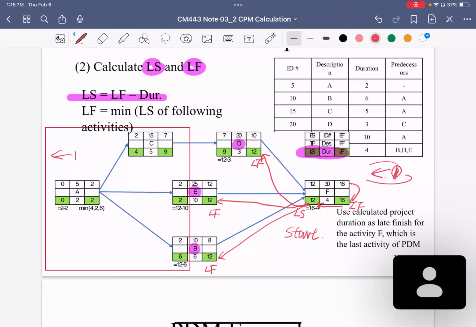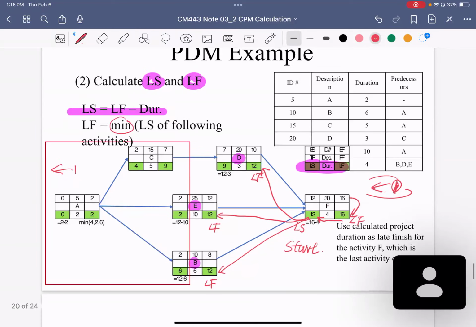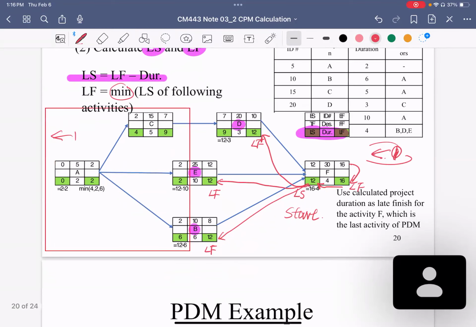Because D, E, and B each have only one following activity, F, there's no need to use the minimum. Just pick that number and put it here. Then late finish time minus the duration gives the late start time: 9, 2, and 6. Okay, so it's all good now.